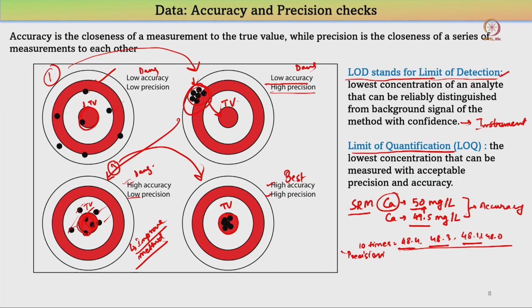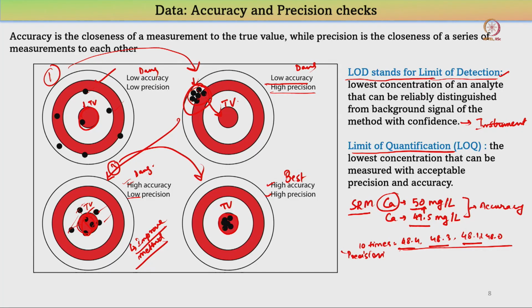Okay. So, this limit of quantification is the lowest concentration that can be measured with acceptable precision and accuracy. In our lab we prepare samples and measure the calibration curve.